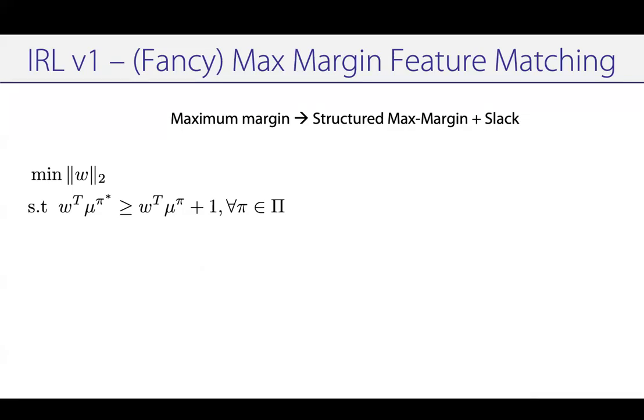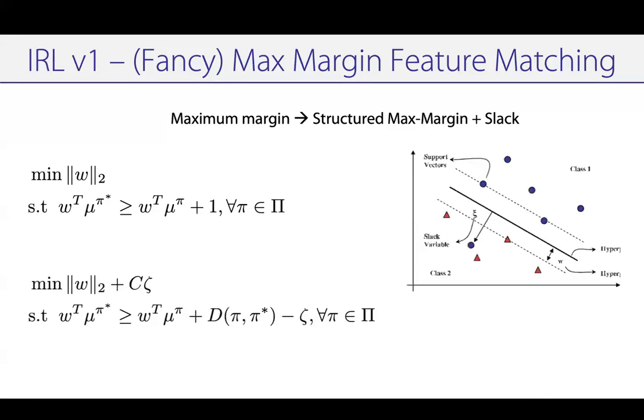The max margin paper just adds some sauce on top of this basic max margin SVM formulation. It allows for some policies to be suboptimal, some expert data to be suboptimal, and it allows for some structure in your problem. So that's the idea behind max margin. It's just saying that expert data is better than every other thing by a margin.